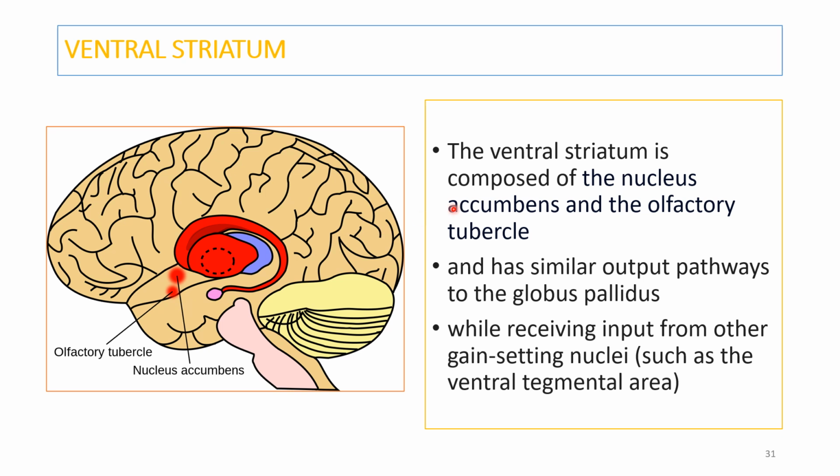See here, the ventral striatum is composed of nucleus accumbens and olfactory tubercle. These two together are called the ventral striatum, and it has similar output pathways to the globus pallidus while receiving input from other gain setting nuclei such as the ventral tegmental area. So it will receive from the ventral tegmental area and output to the globus pallidus.